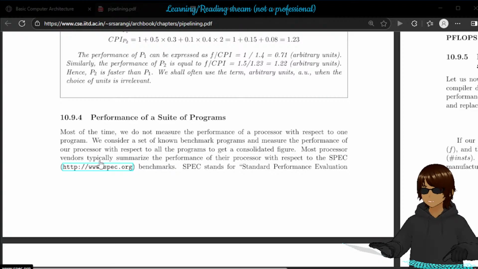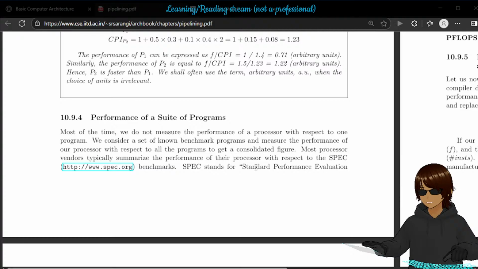Most of the time, we do not measure the performance of a processor with respect to one program. We consider a set of known benchmark programs and measure the performance of our processor with respect to all programs to get a consolidated figure. Most processor vendors typically summarize the performance of their processor with respect to SPEC benchmarks.